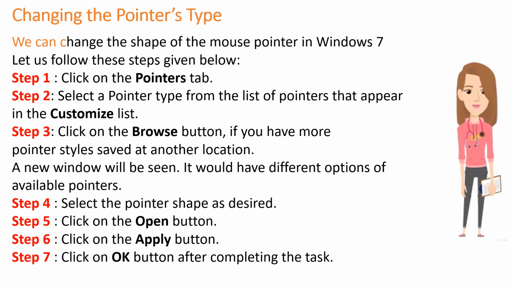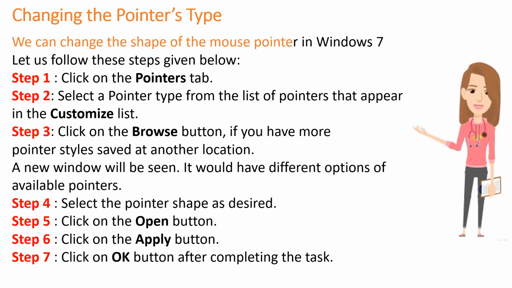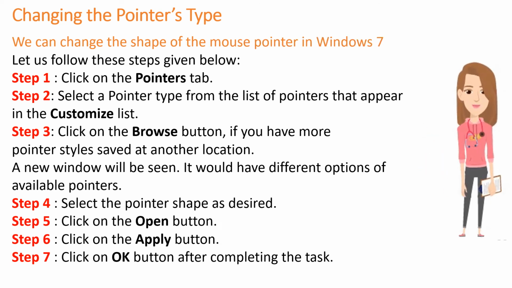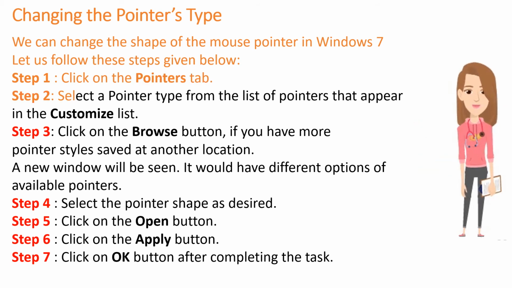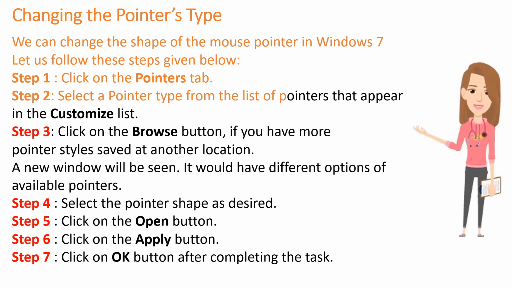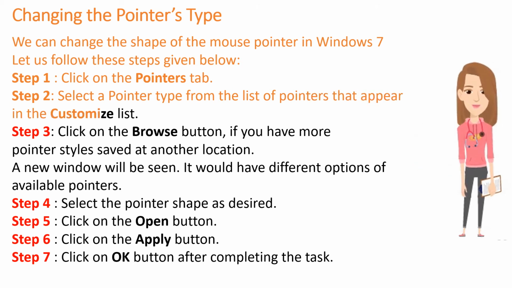We can change the shape of the mouse pointer in Windows 7. Let us follow the steps given below. Step 1. Click on the pointers tab. Step 2. Select a pointer type from the list of pointers that appear in the Customize list.